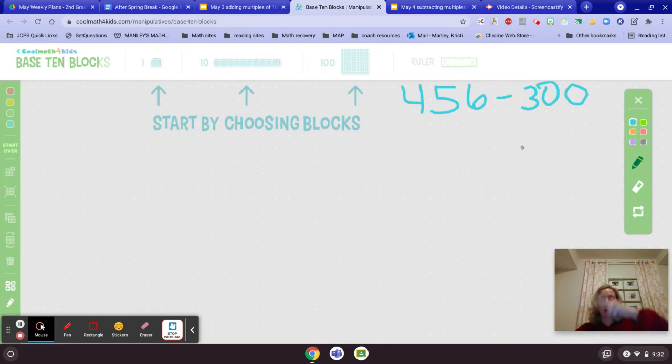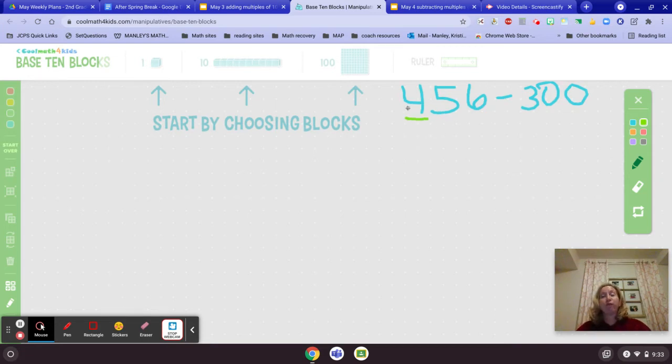So as always, first I want you to visualize in your brain. What does 456 look like if I was to build it with my base 10 pieces? Okay, so how many hundreds? How many tens? How many ones? Did you get that in your head? Okay. So if you look in that first number that we said there was 400.